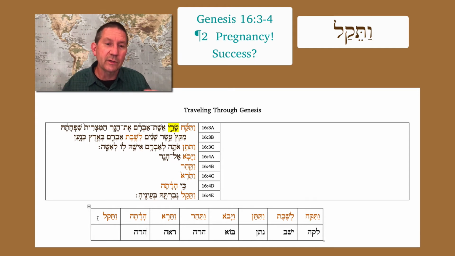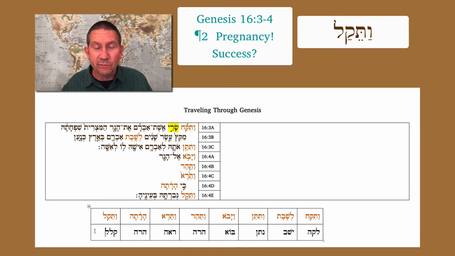Now, if you remember the chart, it could have been a first yod verb like a yakal or something, but it can also be a geminate. And so this is not a common vocabulary root for us to know, but we might recognize it because we know our verb stems. Kal comes from this root. And the reason that we have the tsere here instead of a kametz like we did with vayavo is because this is a stative root.